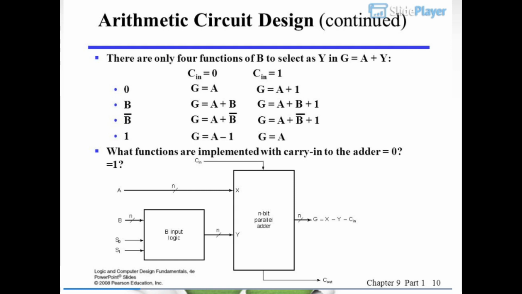G equals A plus B. G equals A plus B plus 1. G equals A plus B complement. G equals A plus B complement plus 1. G equals A minus 1. G equals A.